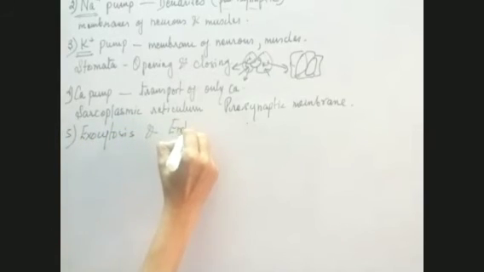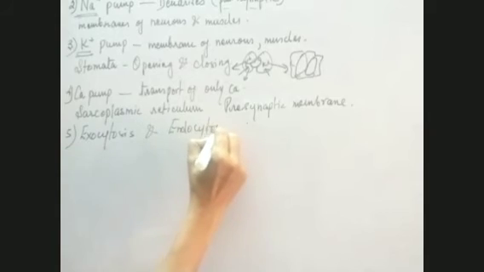And then now the next where the active transport is seen is exocytosis and endocytosis. Where the movement of substance is seen. Now, this is also known as the bulk transport.